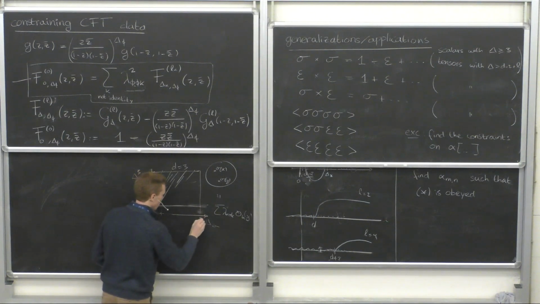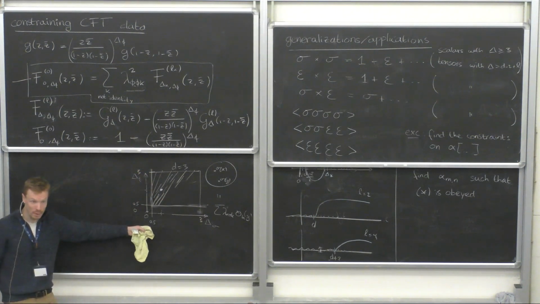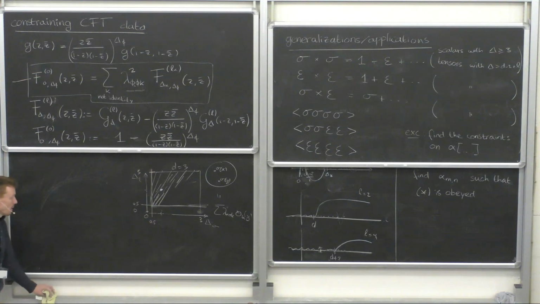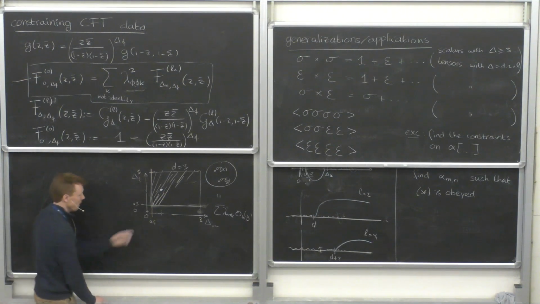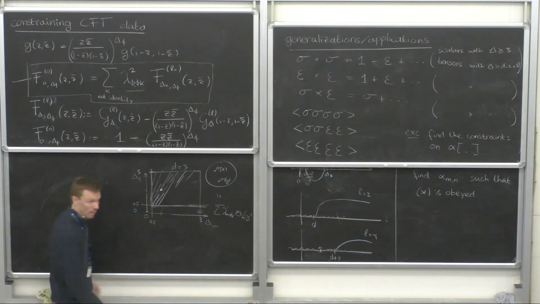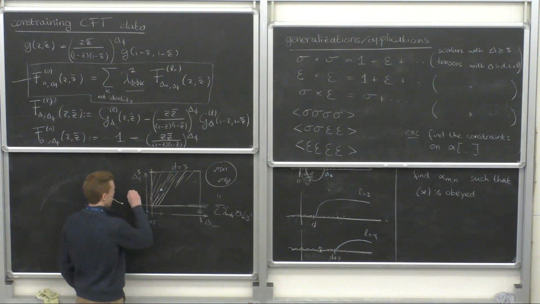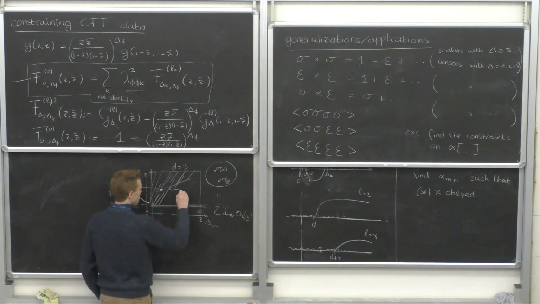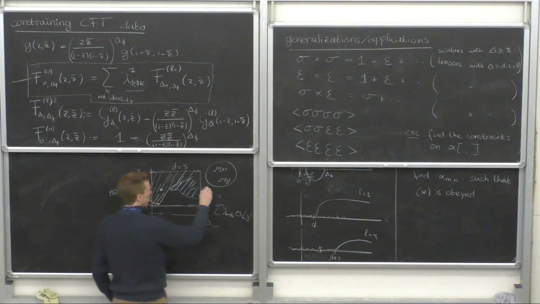They're relevant, and their dimensions are above the unitarity bound, so they're between 0.5 and 3. And what we get is, roughly speaking, this very small island, where we have a maybe, and everything else is no. And then, to be completely honest, there's also some big region whose shape I'm actually not entirely sure of, but there's some big maybe region here as well.